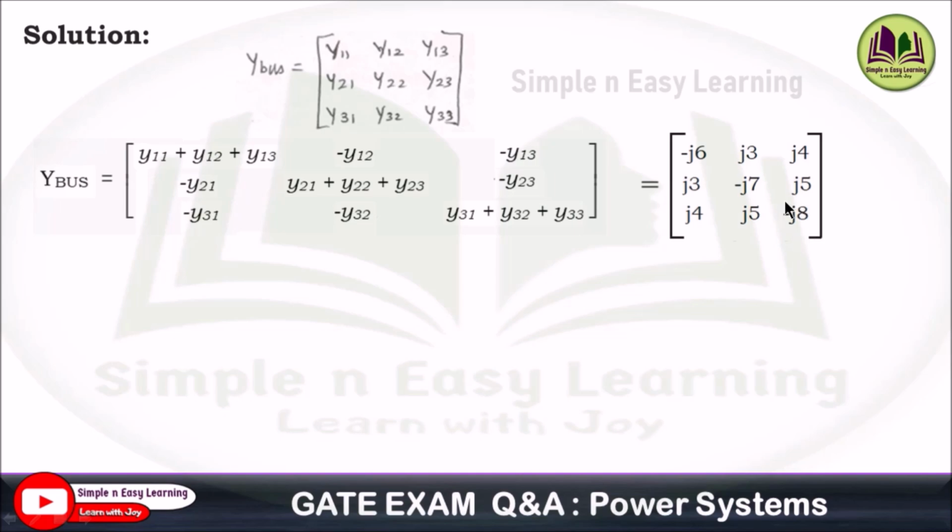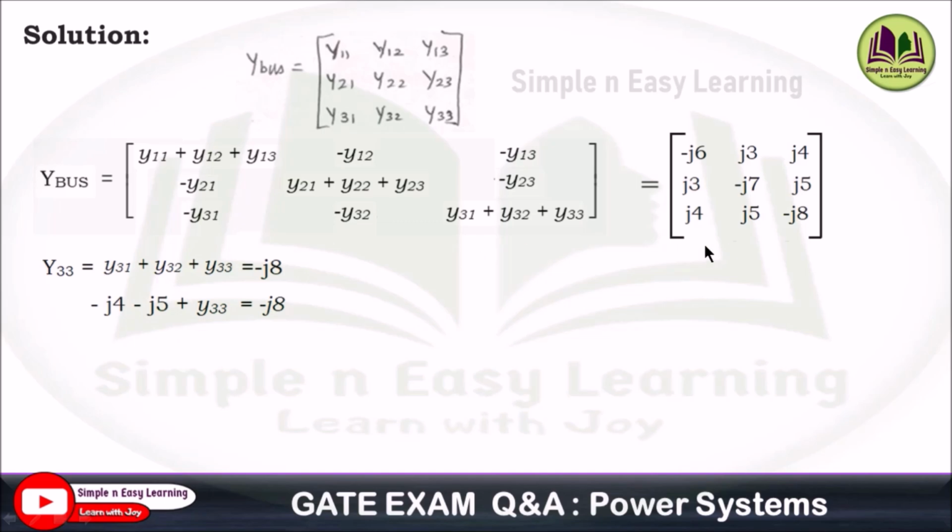Okay, so we need to find the new value of y33 for the compensated line. So y31 plus y32 plus y33 will be equal to minus j8. Substituting the y31 and y32 values from the matrix, y31 is j4, and since it is minus y31 here, the minus comes, so it becomes minus j4.